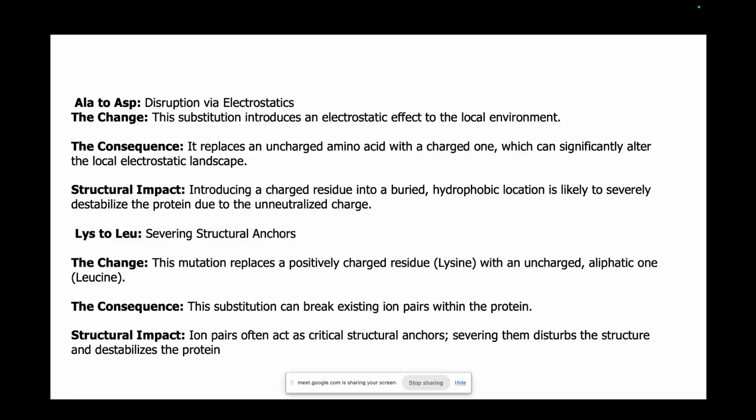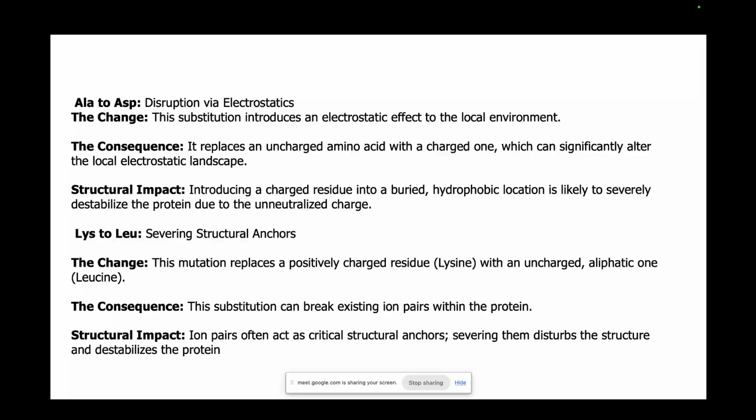So these extra bonds, the ionic bonds and hydrogen bonds, will not form if you put an uncharged and non-polar amino acid there. Again, it is going to have some structural impact, because these ion pairs often act as critical structural anchors. Severing them disturbs the structure and destabilizes the protein.